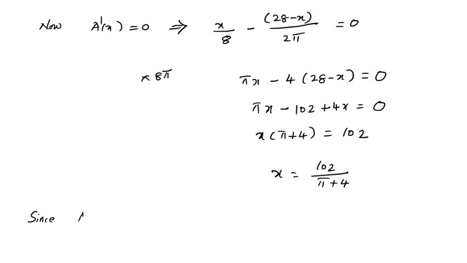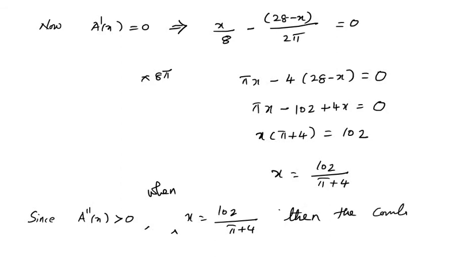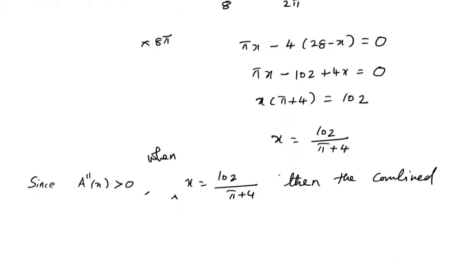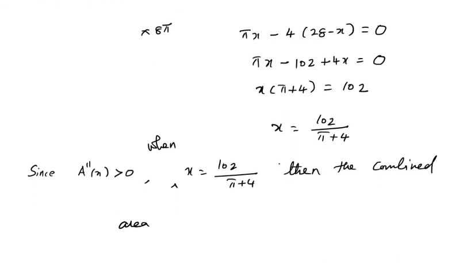I can just write, since a double dash of x is greater than 0 for all the values of x, when x is equal to 102 by pi plus 4, then the combined area of the square and the circle is minimum, right? Okay.